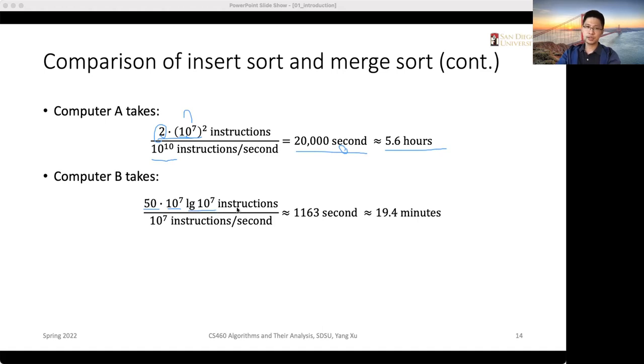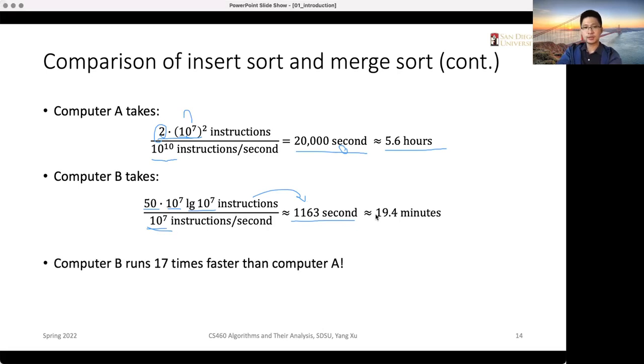We take a calculator and divide it by the CPU execution speed, 10 to the power 7 here, then we will get only 1,163 seconds, right? Which is 17 times faster.